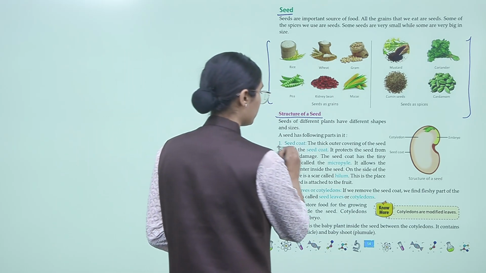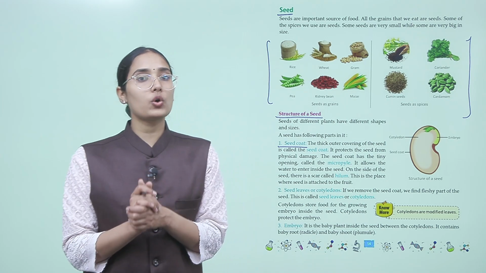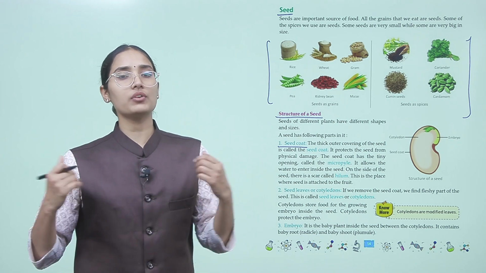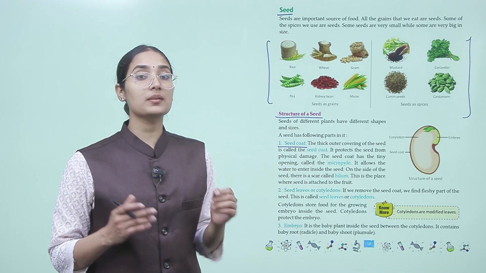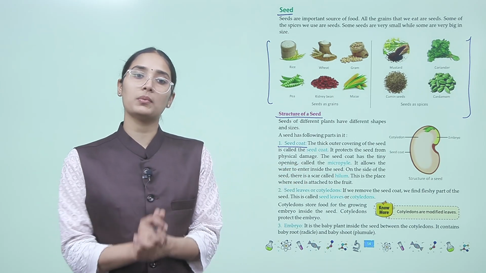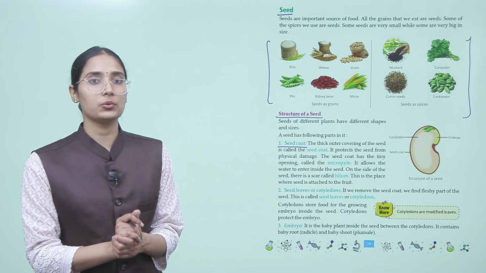Seed coat. What is a seed coat? What is a coat firstly? A coat is something that we wear from outside. Similarly, the seed coat is something that the seed wears from outside. The thick outer covering of the seed is called the seed coat.